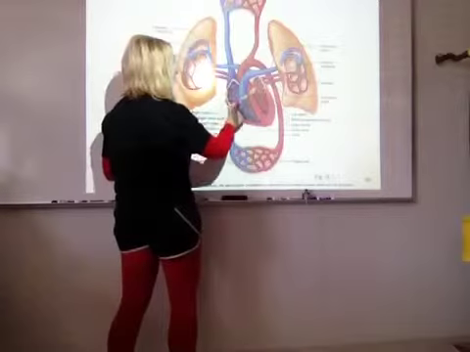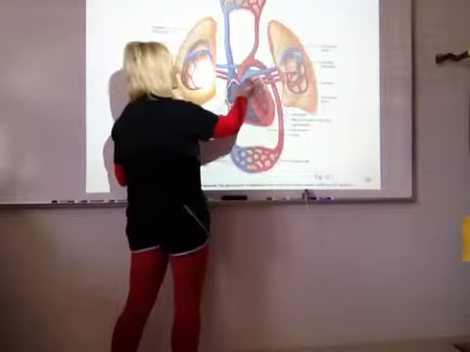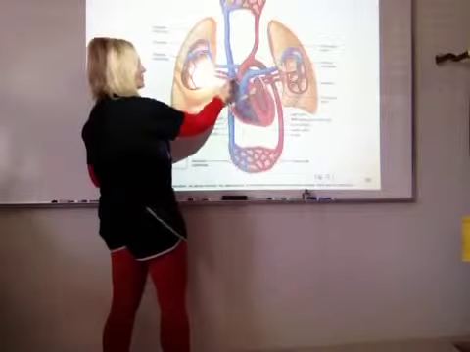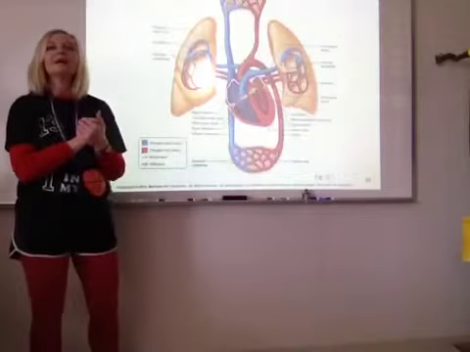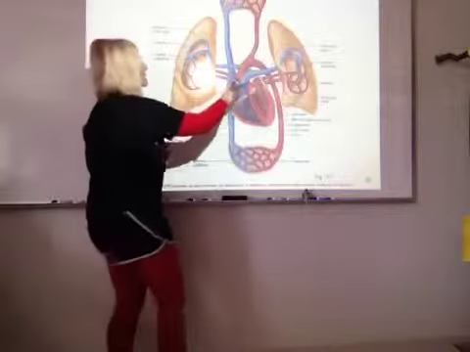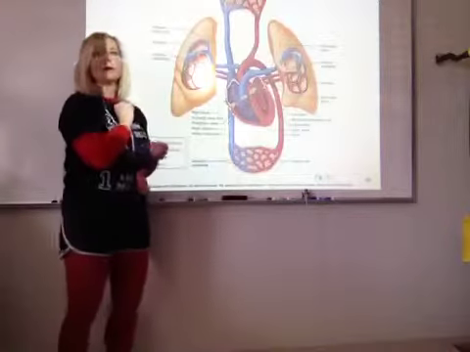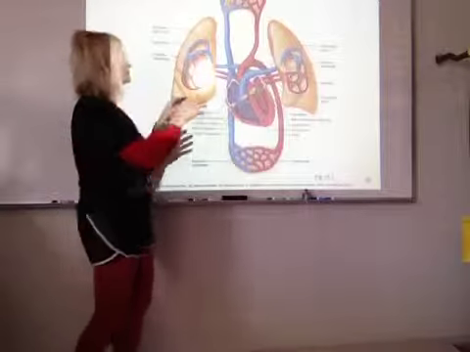So if I look at my pulmonary trunk, this is a pulmonary artery, this is a pulmonary artery. They are what color? Blue. They don't have oxygen yet. This is the only artery that's going away from the heart that's blue because it doesn't have oxygen yet.